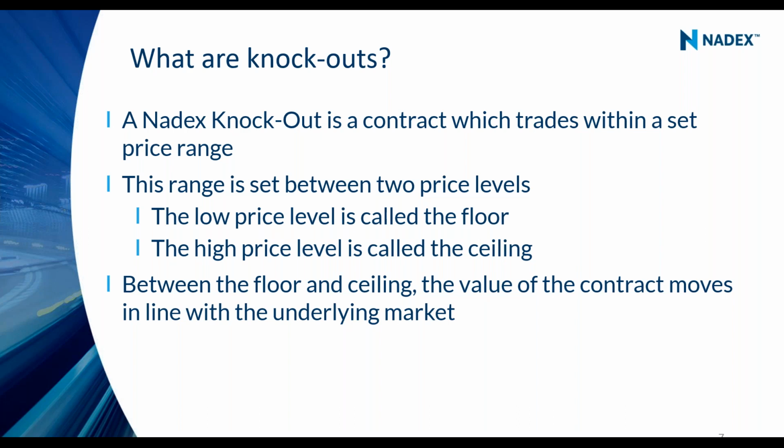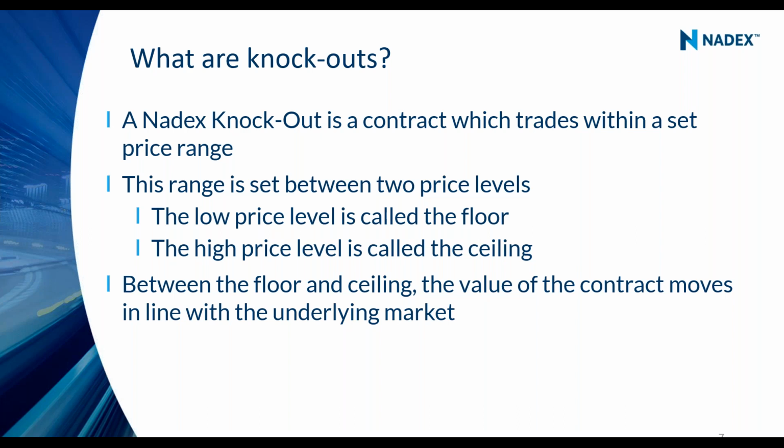Now, the contract, what you're trading, and let's use gold as an example. I'm just going to pick gold out of the air. The price of gold, a gold knockout, will trade between the floor and the ceiling, and the contract itself will move directly in line with the underlying market. In industry terms, it's referred to as a Delta 1 product.